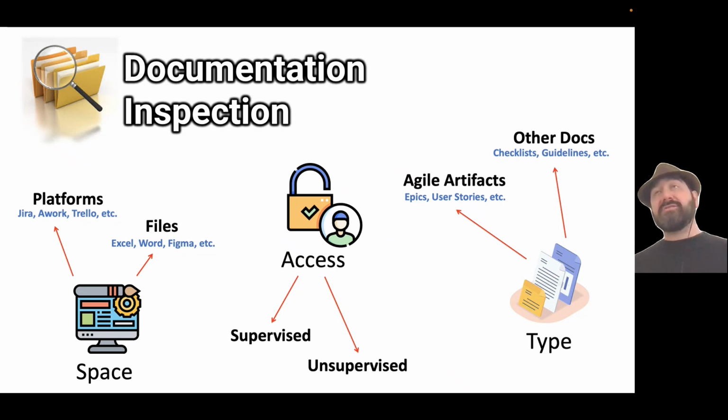In some cases, they just gave us the access, and we were independent to explore. And the type of artifacts we inspected was, for instance, in some cases, agile artifacts like the user story, epics, etc. And in other cases, some other documents like checklists, guidelines, all based on the approach that the company told us in the interview, and of course, the access they gave us.